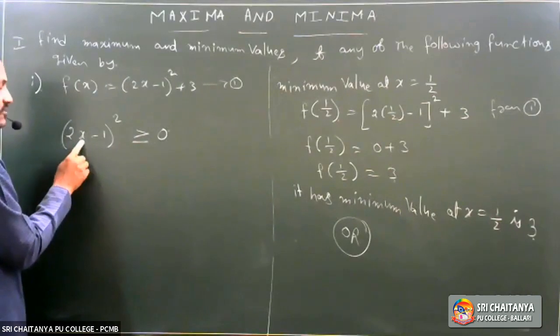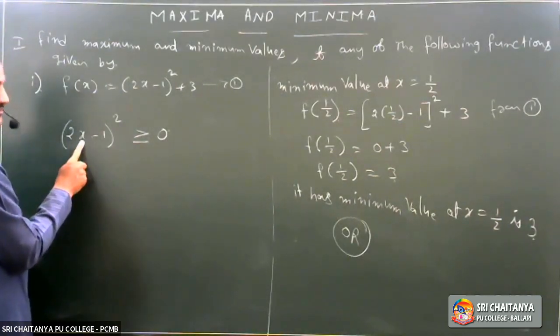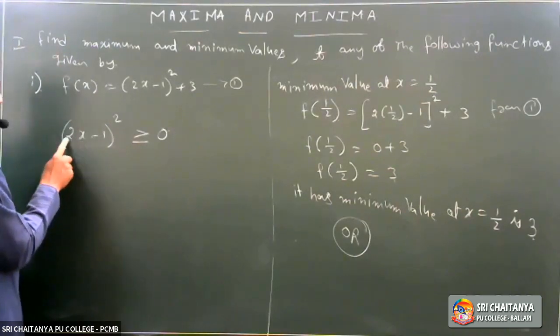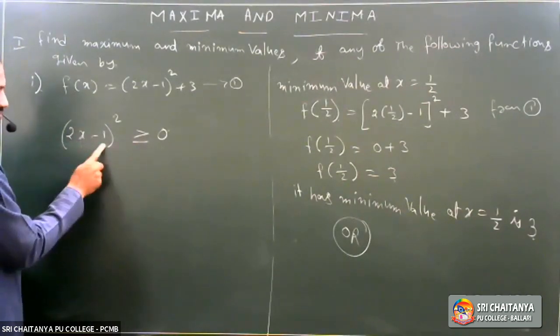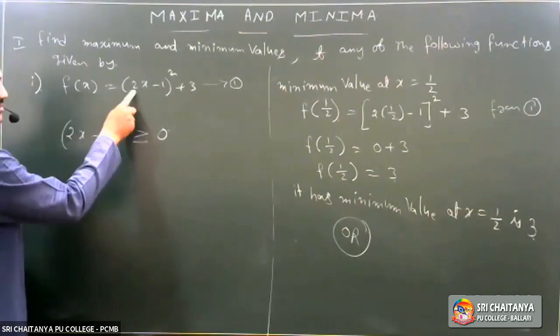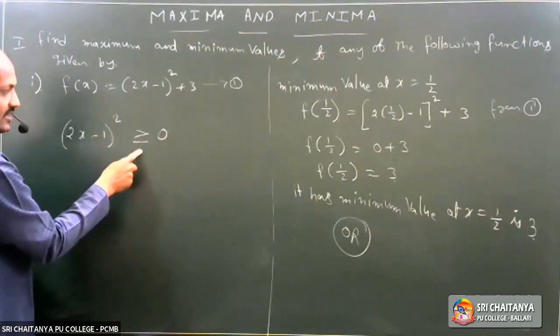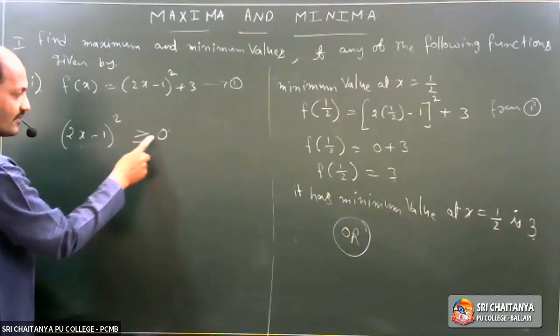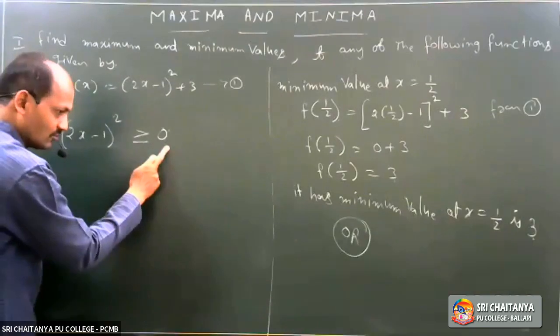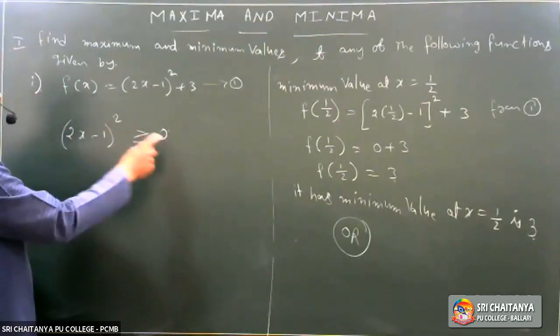If in case x equal to 1 by 2, consider 2 into 1 by 2 is 1, 1 minus 1 is 0. So that time we get 0. So 2x minus 1 whole square is greater than or equal to 0. At x equal to 1 by 2 it is 0. For the remaining values it is greater.